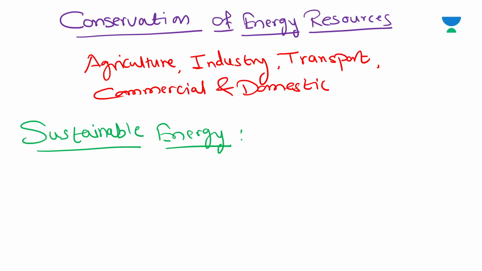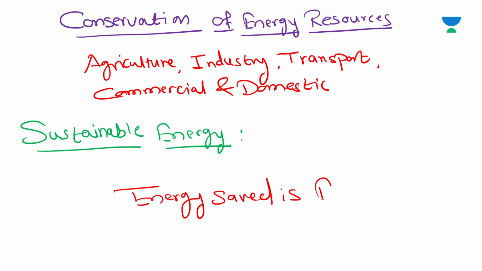For example, as concerned citizens, we can do our bit by using public transport systems instead of individual vehicles, switching off electricity when not in use, using power saving devices, and using non-conventional sources of energy. So energy saved is energy produced.